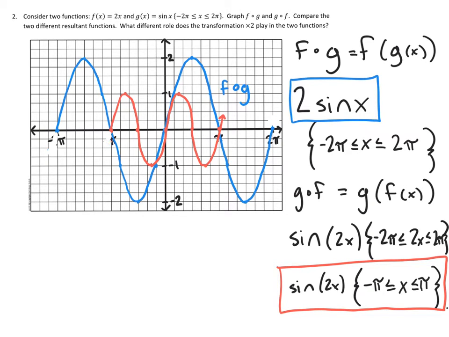Get rid of that. My bad. There we go, that's better. This is negative 2 pi, negative pi. Cool. And that was g composed with f.